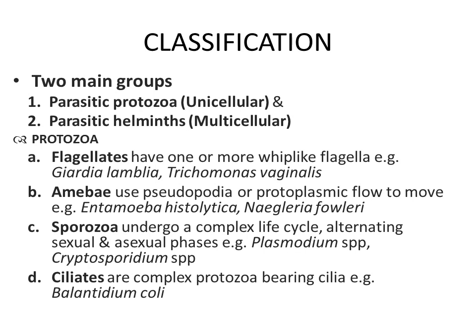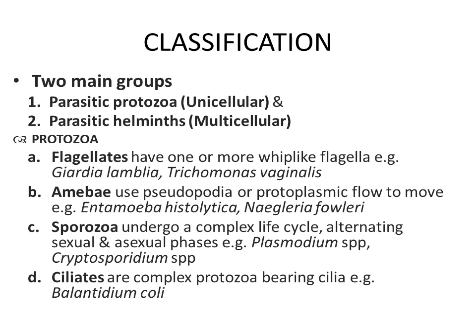So we see parasitic protozoa, the two main groups of parasites, and parasitic metazoa, which are multicellular. Protozoa include flagellates, amoeba, sporozoa, and ciliates.